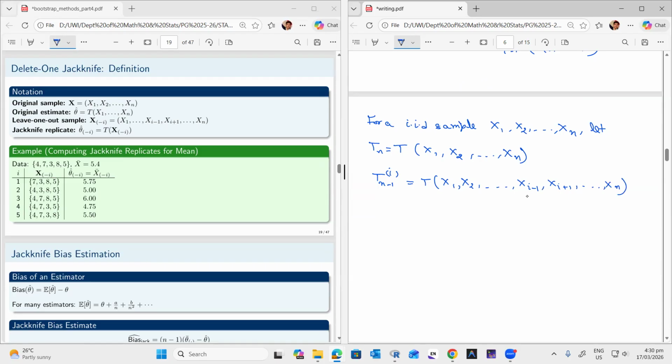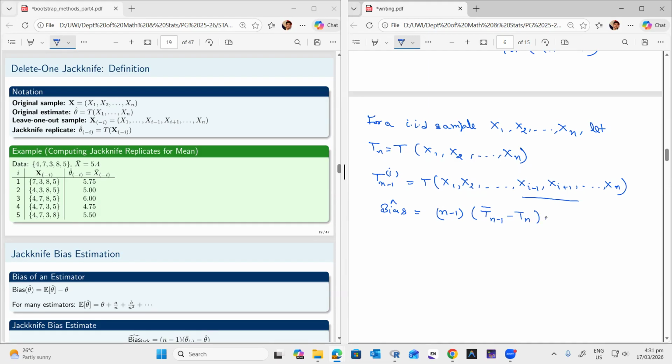Here we have x i minus 1 and x i plus 1, so we are removing the ith observation and then calculating our estimator. The jackknife bias estimate will be equal to n minus 1 into t bar n minus 1 minus t n.